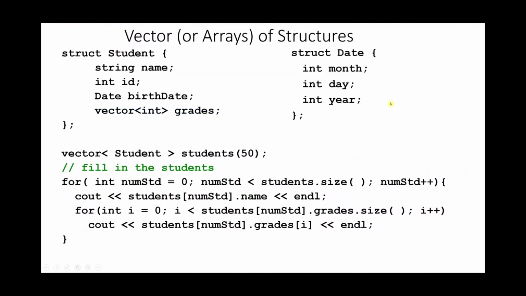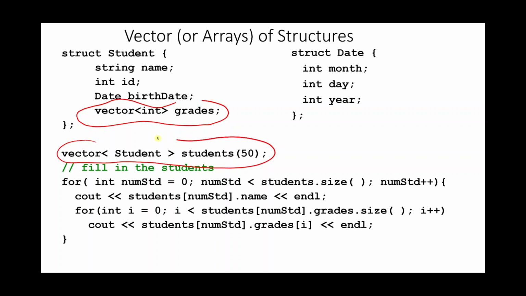So this is going to work, since now it's dynamic. Now the way you can access the grades, if you want to print the student grades, first you can have another vector of grades, vector of students, vector of your new type.